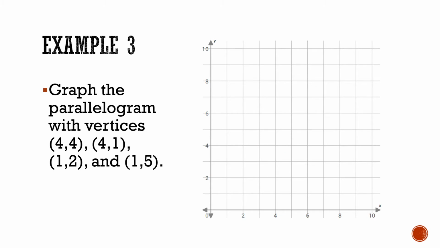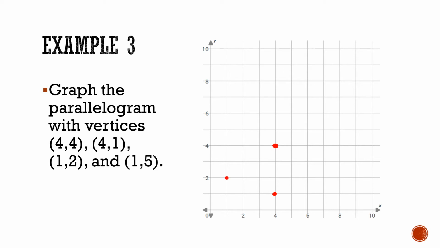Example 3, we're graphing a parallelogram. So remember that could be a square or a rectangle. Parallelogram just means that it has opposite sides that are parallel. So (4, 4), (4, 1), (1, 2), and (1, 5). So (4, 4) means we go over 4 and up 4. (4, 1) means we go over 4 and up 1. (1, 2) means we go over 1 and up 2.